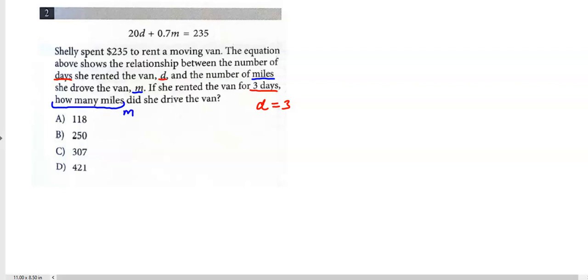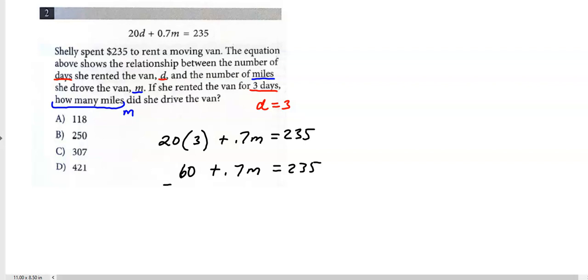So I go up to my equation up above and I rewrite it. But instead of 20D, I know that we're doing 3 days. I don't know the M. So this is basically just solving a linear equation. It's actually called interpreting a model because they're giving me a model for this thing. But let's just do it. 60 plus 0.7M equals 235. I'm going to subtract 60 from both sides.